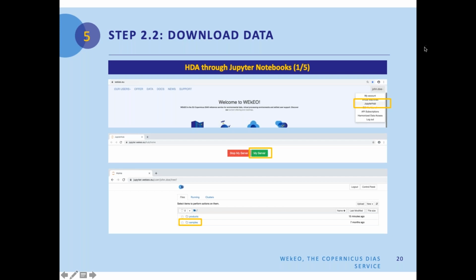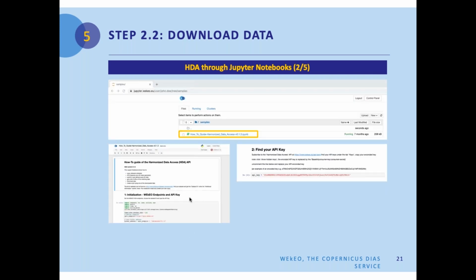Under the username, we can find the Jupyter Hub option, and then we click My Server, and we go to a folder that is samples. There we can find this document, How to Guide Harmonized Data Access. And here there is this step-by-step program already prepared, in which you can select the parameters that allow you to download your data set.